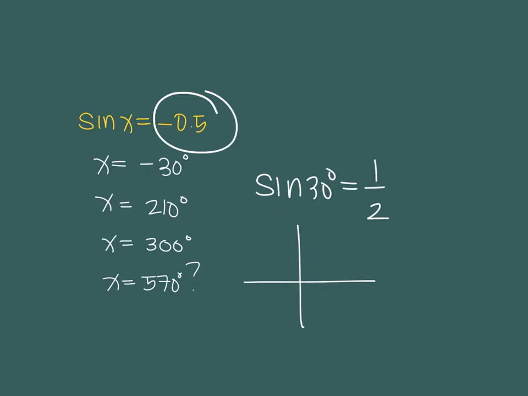And if we combine the concept of the location where the sign is negative, the sine is negative only under quadrant 3 and quadrant 4. And all we have to do is to find all the angles with terminal side on those green lines with reference angle equals 30.